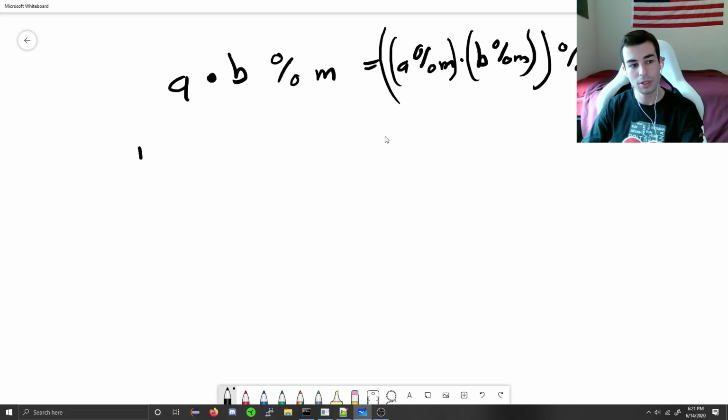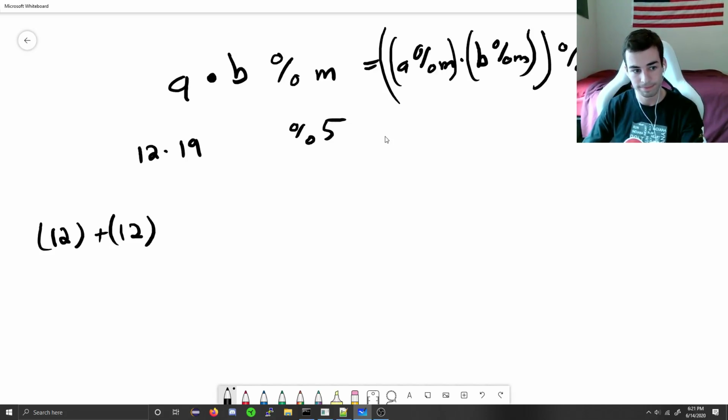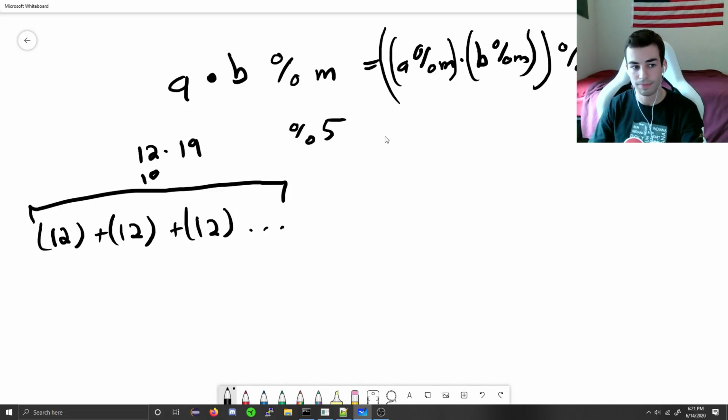Well, let's do 12 times 19 again, under mod of 5. So what this is equal to is we're going to have a bunch of 12s that we're adding up. And the number of 12s we have is going to be 19 of them total. And we want to figure out what this is equal to. Well, we can represent these 12s as 5 plus 5 plus 2.